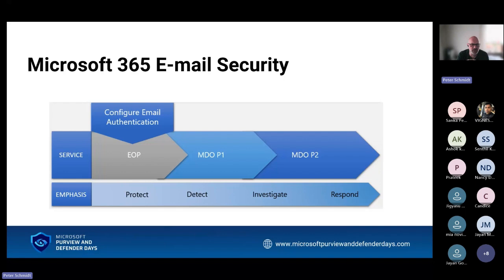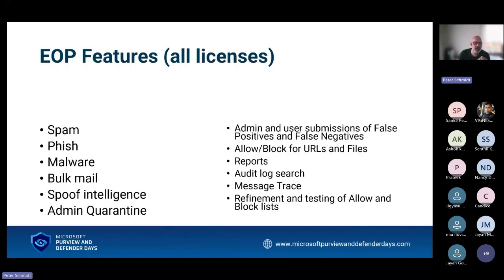And then on top of those, we have the MDO, Microsoft Defender for Office, Plan 1 and Plan 2. As soon as you move up the ladder here, depending on the licenses you have available, you get more features available. So it gets better at detection, and you get better investigation and hunting features and so on.